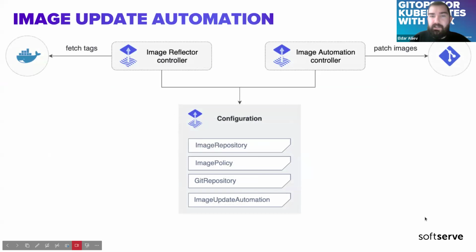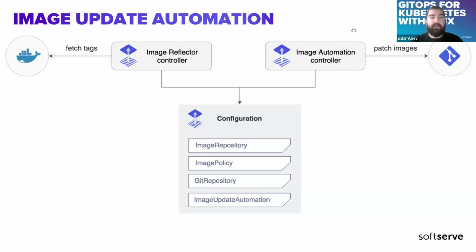Then the image automation controller. It's actually one of the extra controllers that are not installed by default. So how does it work? This controller will monitor some Docker registry and look up for new tags.